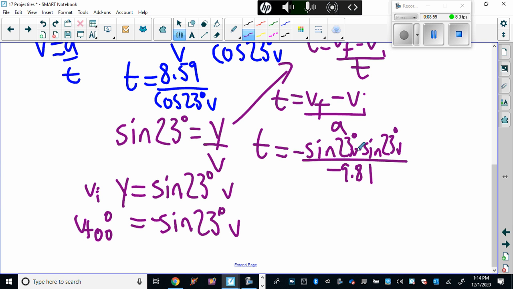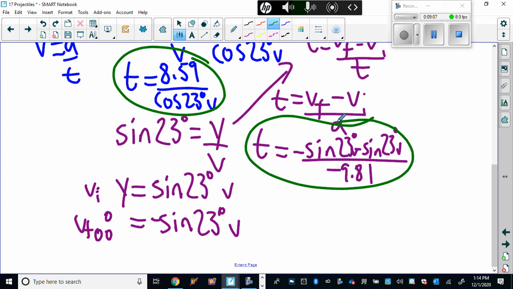Now we have two expressions, both for time. Here's one. The horizontal time is the other. The vertical time, we know they must be equal to each other, and so we can just equate them, just like we did those advanced problems at the beginning of the unit, those advanced kinematics problems. So actually, they were mostly uniform velocity.